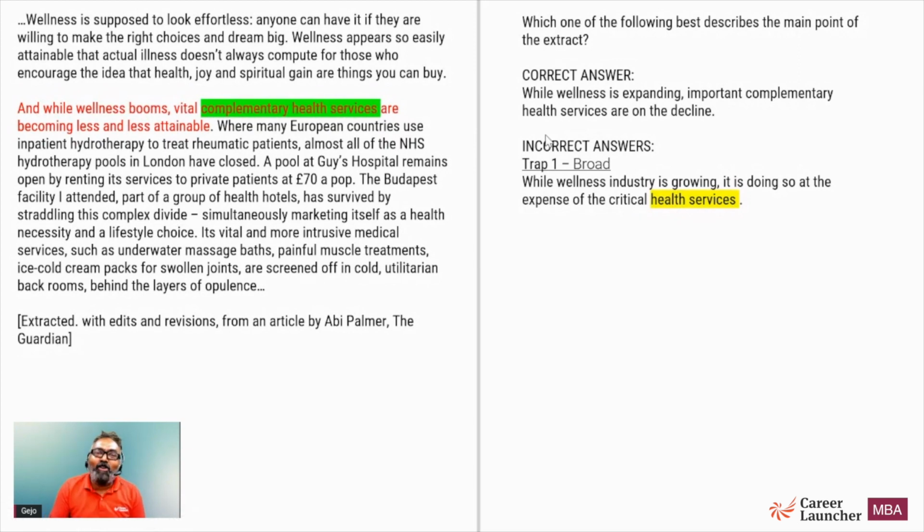And I'm guaranteeing you that if you put this answer choice as number one, A, though in the CAT we don't have control over it because the answer choices are randomized, most people will fall here. Critical services, broad. So one thing the question setters can do is to just broaden the context beyond what is mentioned. This is a tough trap to pick.